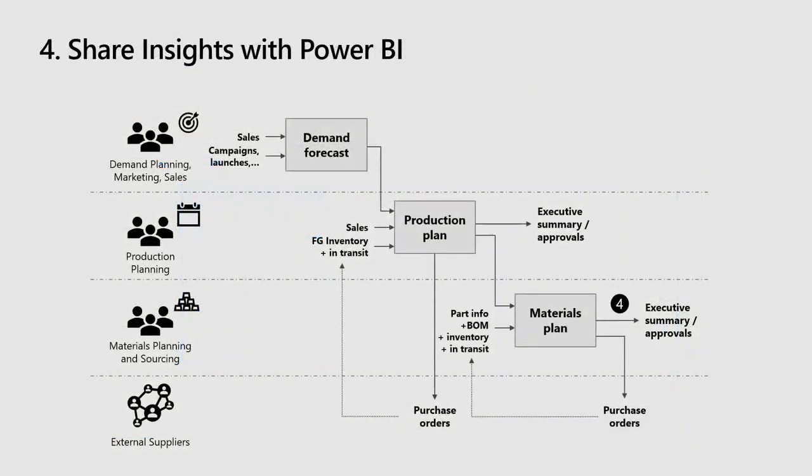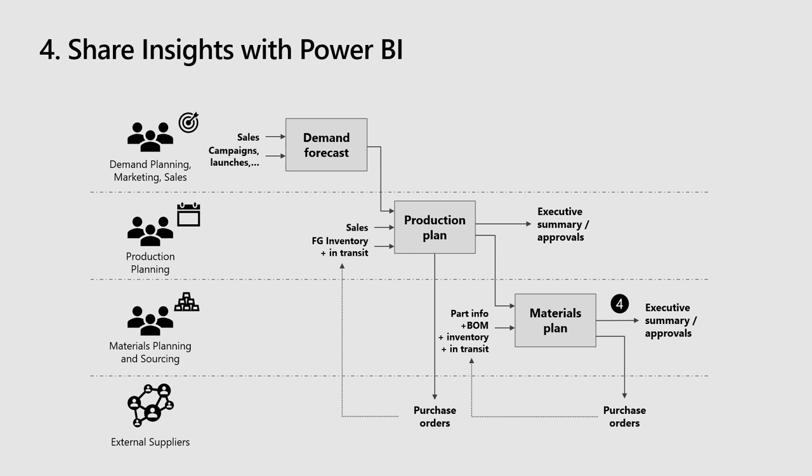So going back into our process, the last section I want to cover is sharing this data and sharing the insights with the rest of the org. So we saw automating input, automating processing, automating workflows.